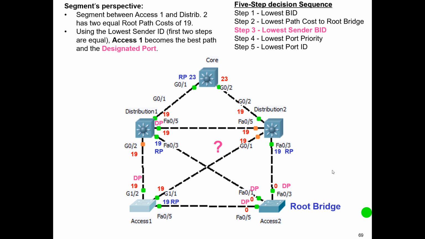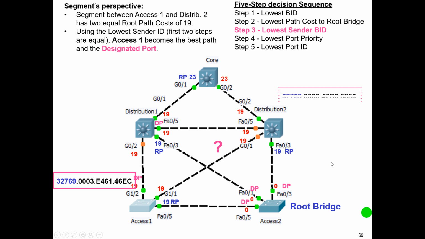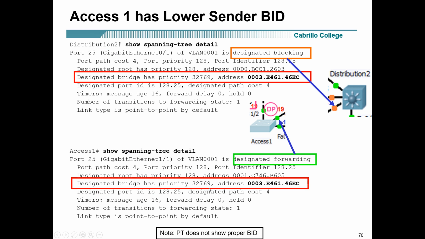What about between access 1 and distribution 2? Again, it will go through our lowest sender bridge ID. Access 1 will be the lower ID, so that one will receive the designated port. Here on distribution 2, it will go to blocking state, and on the access will be a forwarding state.